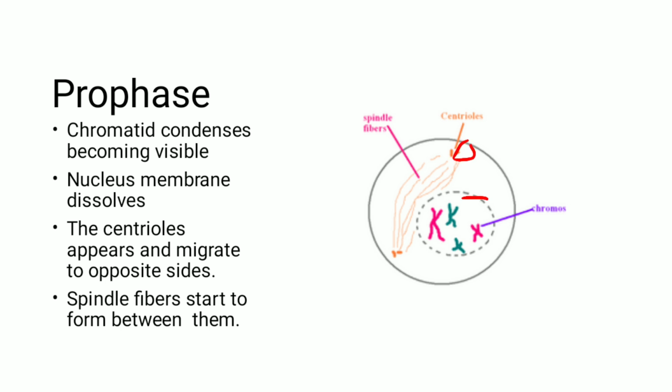These are the centrioles that migrate to opposite sides. Then the spindle fibers start to form between them. These are the spindle fibers here.